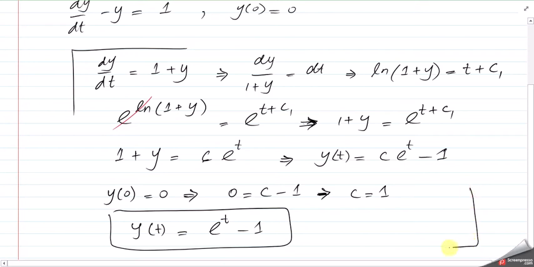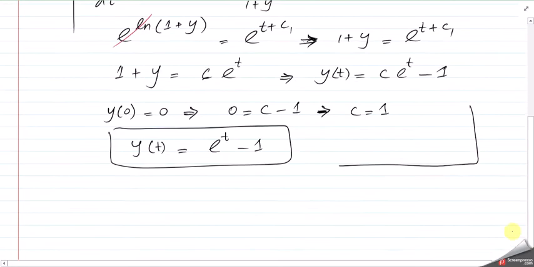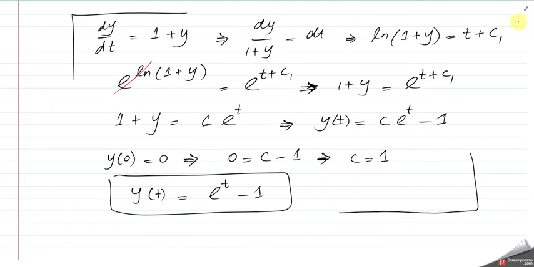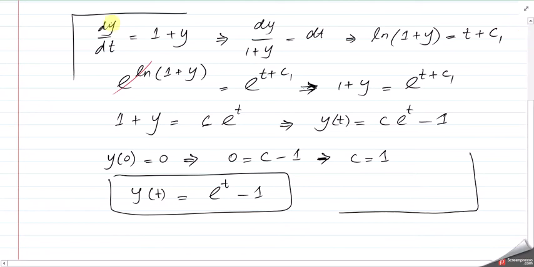But we did not use Laplace transform to solve the equation. We have just solved the equation the way we used to solve it. So from this equation, what do we find? We find y of t. That's what we are looking for, y as a function of t, as an answer.